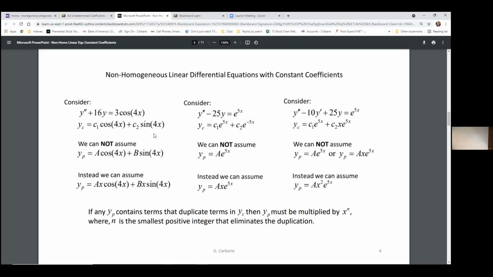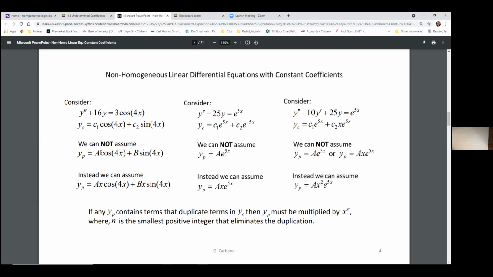Now, what I want you to notice here is that in this case, I can't assume, and we'll talk more about this one, a particular solution of this form because my particular solution has to be linearly independent. You see, my complementary solution is cosine of 4x and sine of 4x.